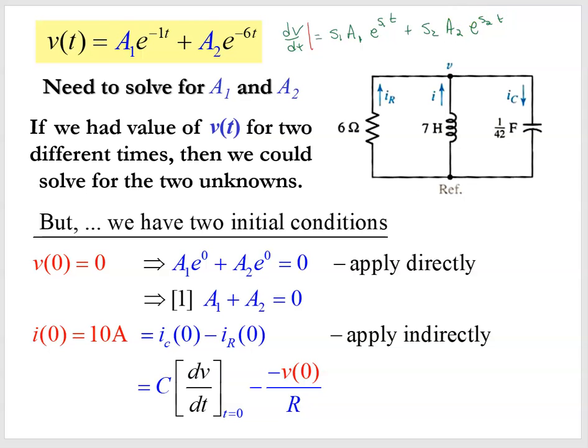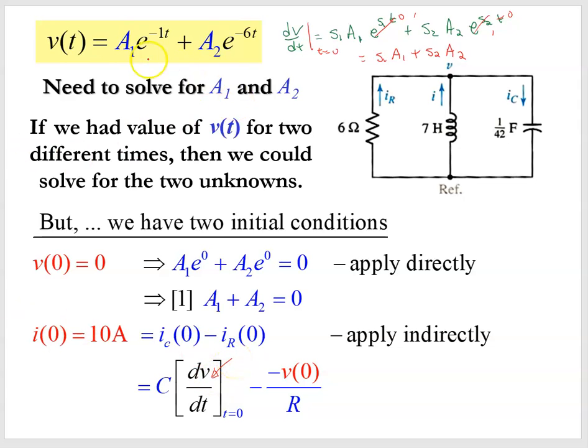When we evaluate it at t equals 0, those exponentials go to 1, and it's just equal to S1 A1 plus S2 A2. So that's what we want to do here for our dV/dt at t equals 0.